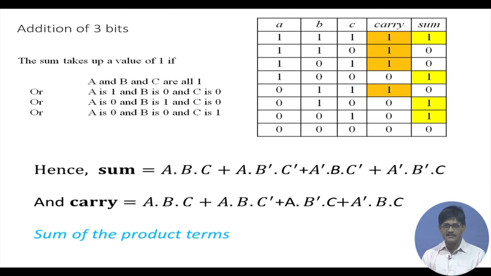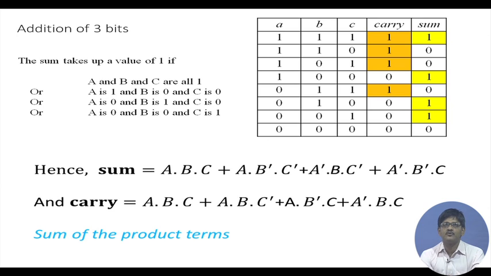So, we are basically writing sum is equal to A and B and C, or A and B dash and C dash, or A dash and B and C dash, or A dash and B dash and C. That means, all the cases where sum is 1, we have written down and connected them up with proper logical operations. In none of the other cases, we are going to have a 1 for sum, and for these cases we have connected the variables up in such a way that those unit building blocks are going to yield a 1.